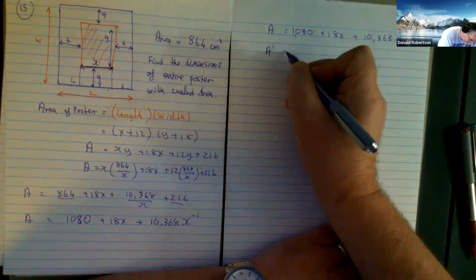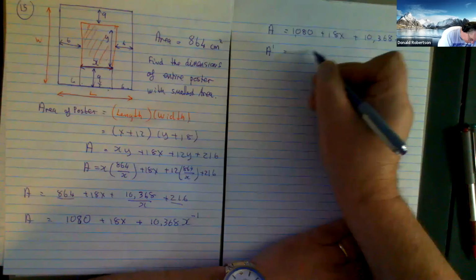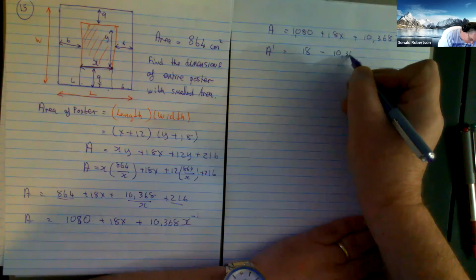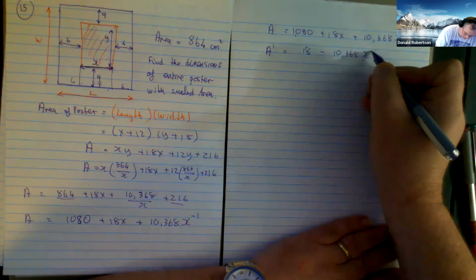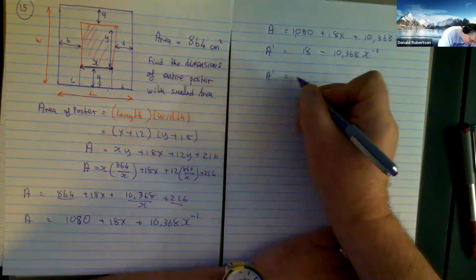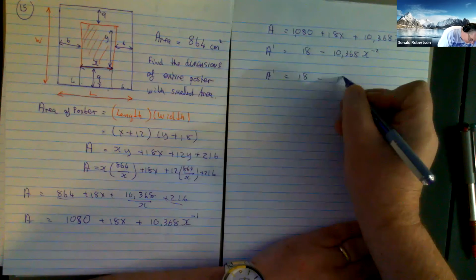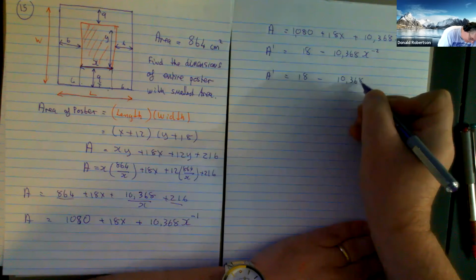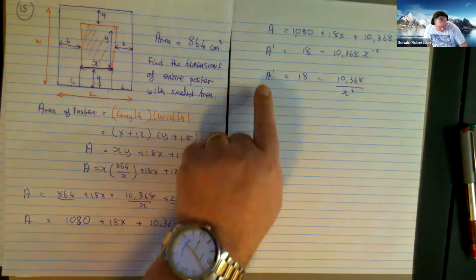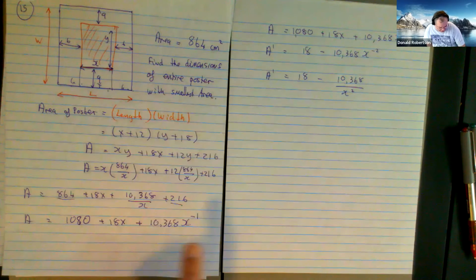If you differentiate it, that's 0. That gets you 18, and multiply by the power and reduce the power by 1. And then do some style points on it. So the derivative of this function is that guy.